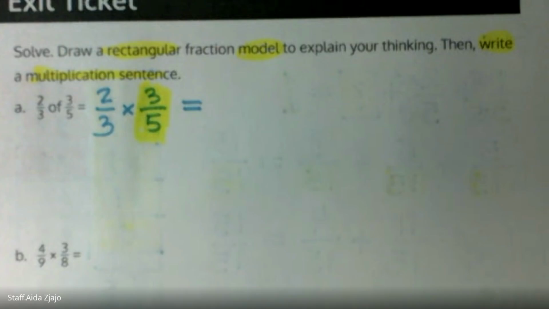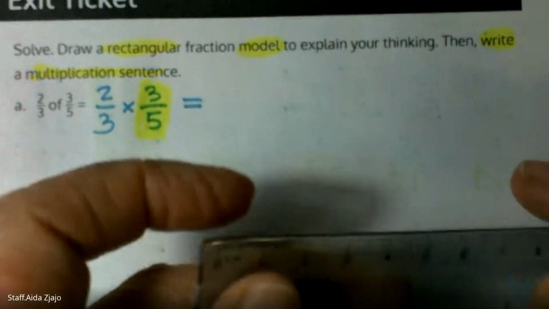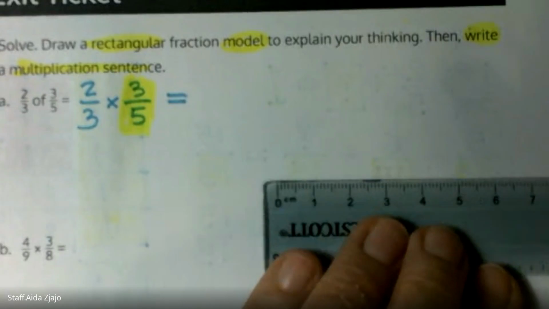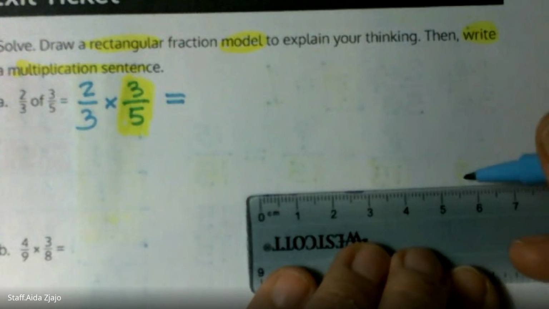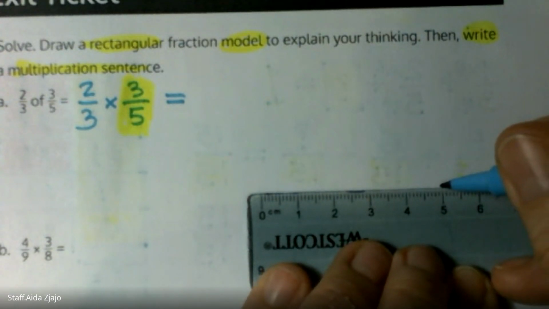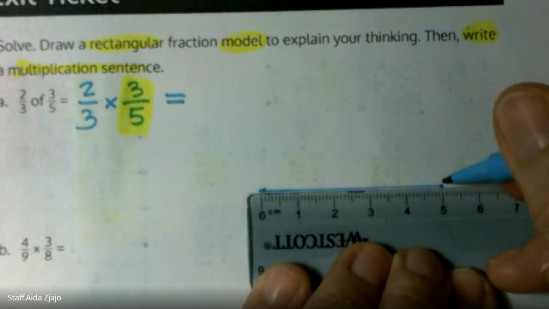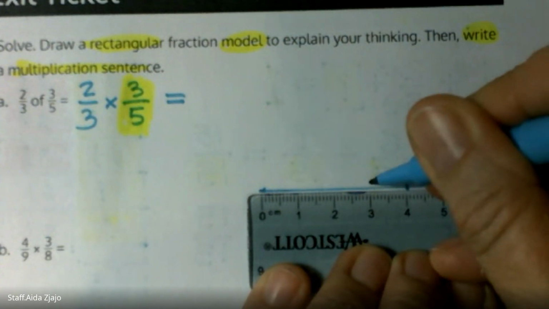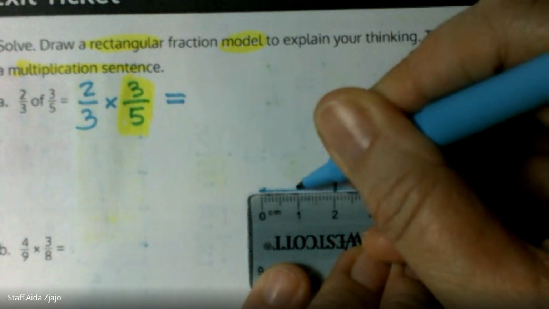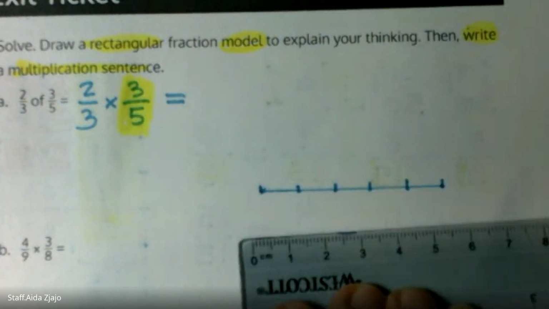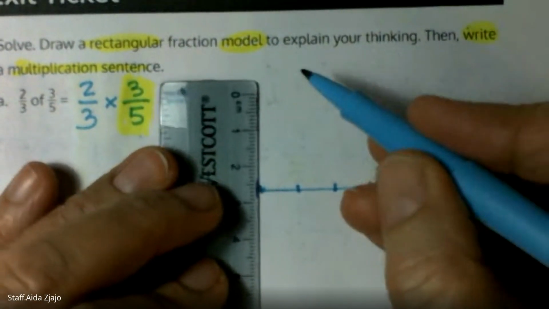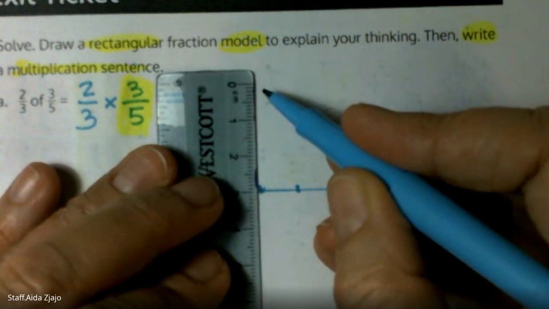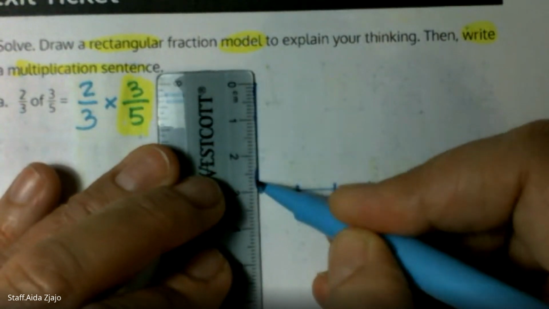If that is a rectangular model, I'm going to draw a rectangle. I can do that, or I can just make an open rectangle and do this.